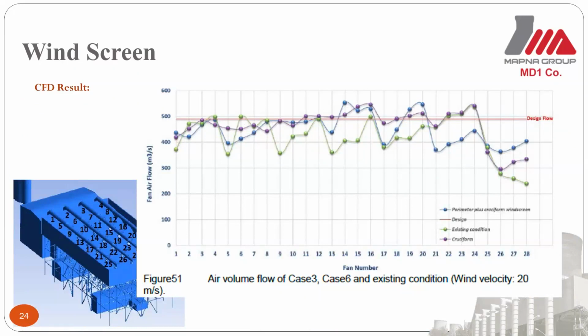Also, obviously, the average airflow rate of these two cases is higher than the average of the no window screen case. This result is more obvious for fan number 25 to 28, which are directly exposed to wind velocity, as I mentioned before.